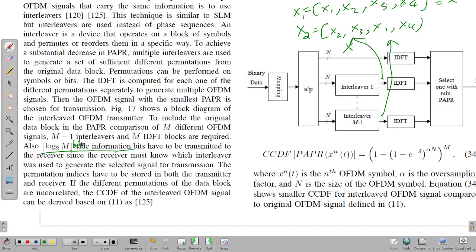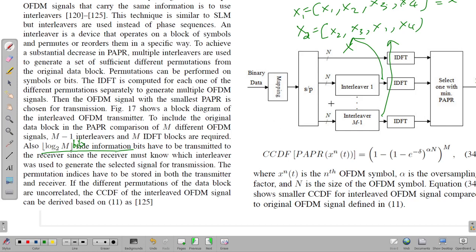Side information is an overhead information. It will reduce the data rate of the original OFDM transmission, and you need m number of IDFT blocks, which calls for the requirement of additional hardware.